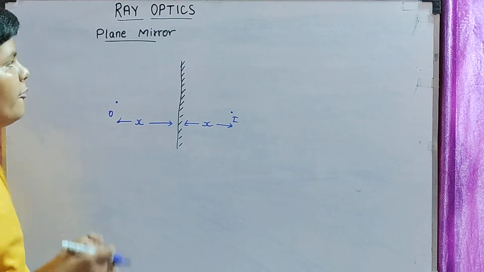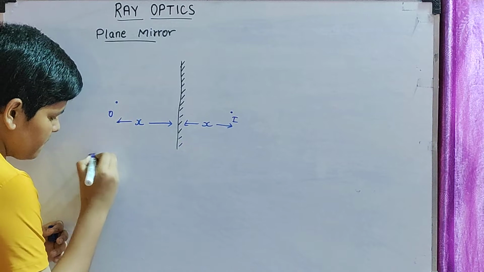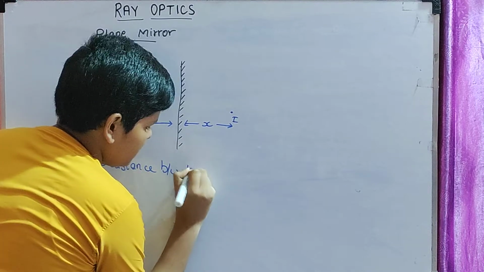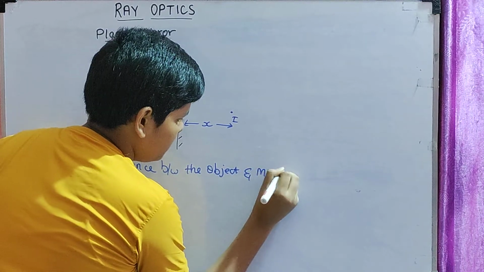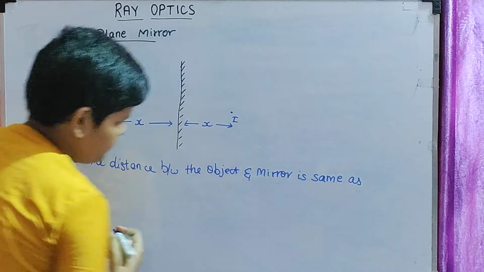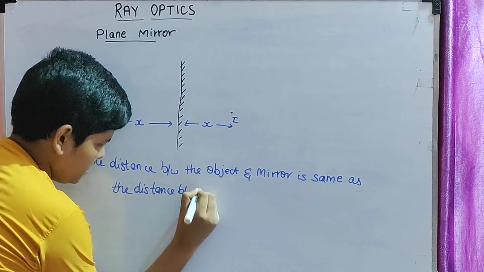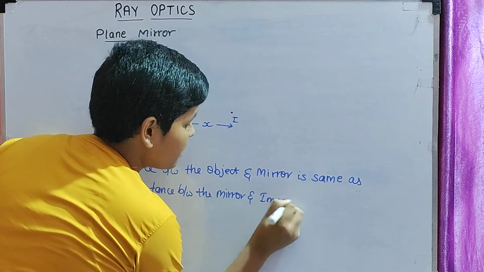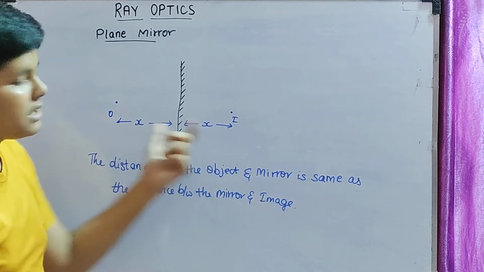So this is one property of plane mirror. In the image formed by a plane mirror, the distance between the object and the mirror is the same as the distance between the mirror and the image.